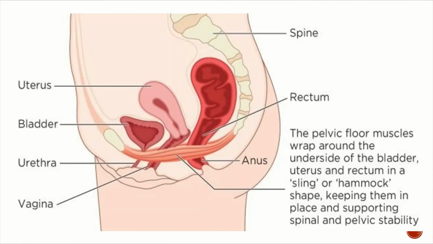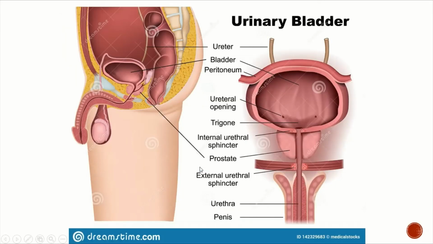From the urinary bladder, we have the urethra. On women, urethra is much shorter than on men, and this is just for you to see where everything is located. We have the bladder and urethra on the most frontal part, then the uterus and vagina, and on the most back posterior part, we have rectum and anus.